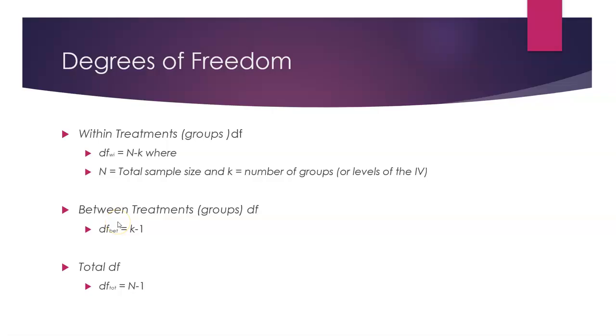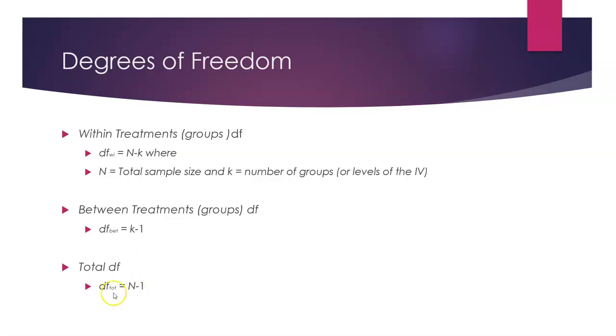We also have degrees of freedom associated with our between treatment variability, and in this case, it is k, the number of groups, minus 1. So in that same example, we would have 3 minus 1, which would give us 2. So the degrees of freedom associated with this analysis of variance are going to be 2 and 97.